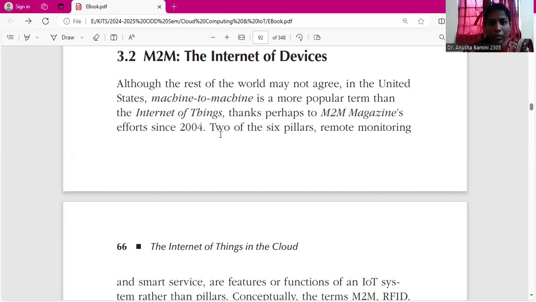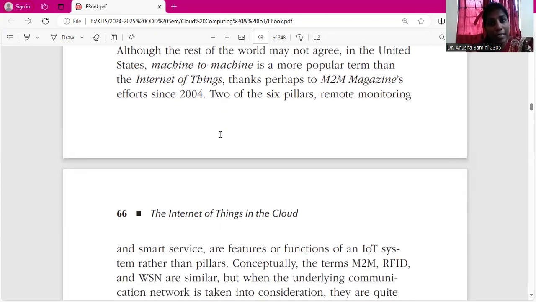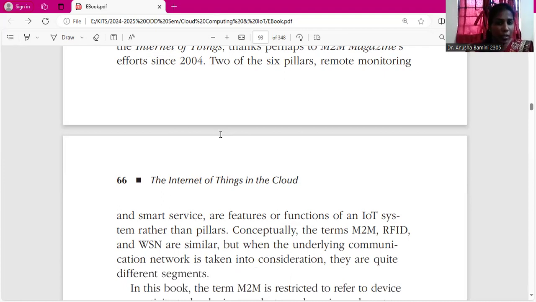In the previous lecture, you learned about the six pillars of machine to machine. Of those, the two pillars of M2M are remote monitoring and smart devices. These two features mainly overlap in M2M.